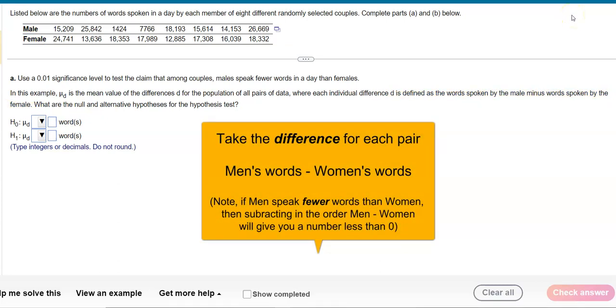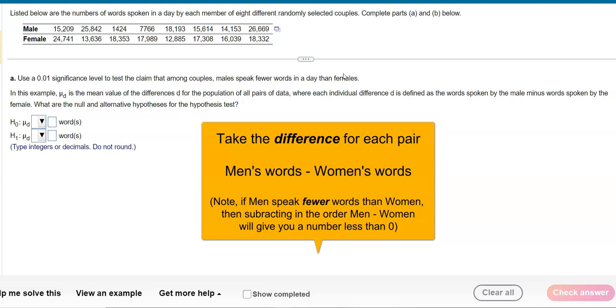Well, if we take the male numbers and we subtract from it the female numbers, and we're also saying in our hypothesis that males speak fewer words than females, then what would that difference look like? If the number for the male is smaller than the number for the female, and if we're subtracting in this order, males minus females, well, if I take a smaller number and I subtract from it a bigger number, then I'm going to get something negative, right?